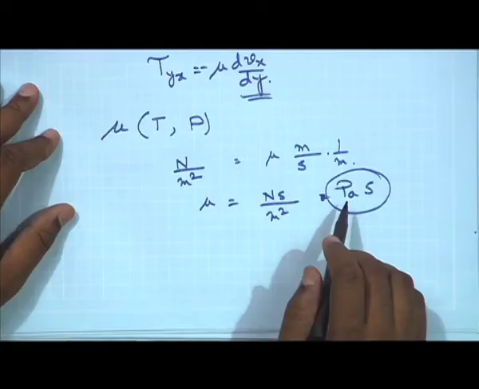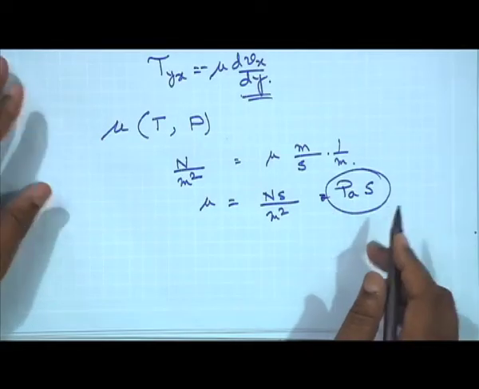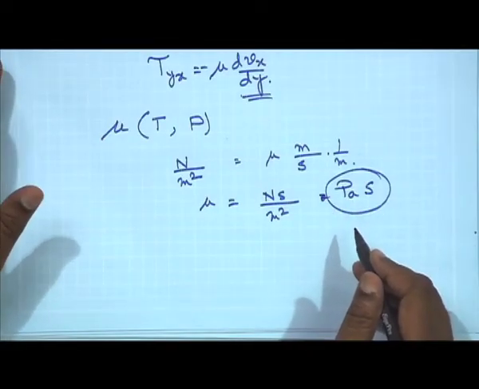The dependence of viscosity on temperature is mostly that for liquids, viscosity decreases with increase in temperature. So hot water will flow faster for the same pressure gradient as compared to cold water, and so on.